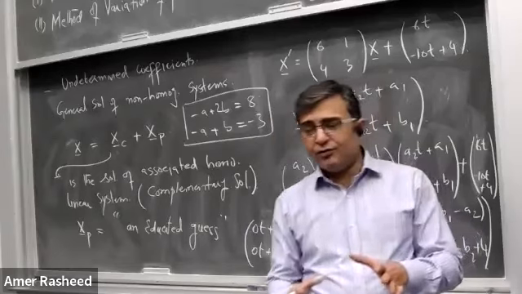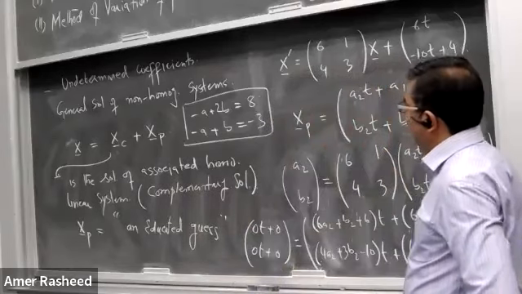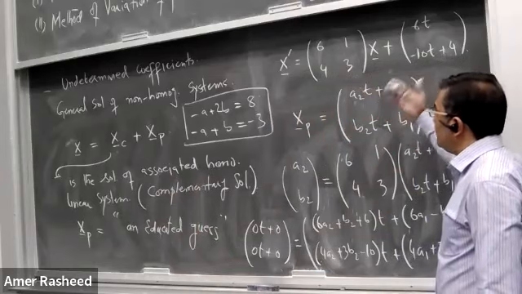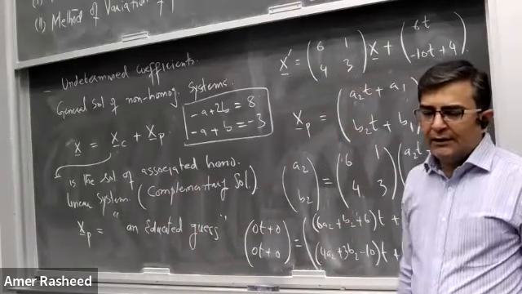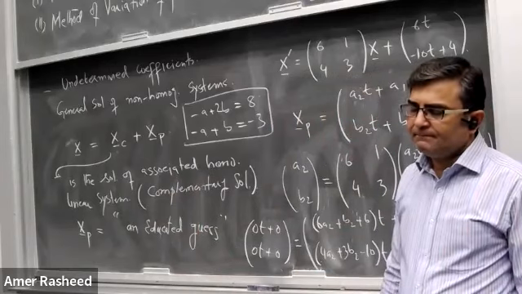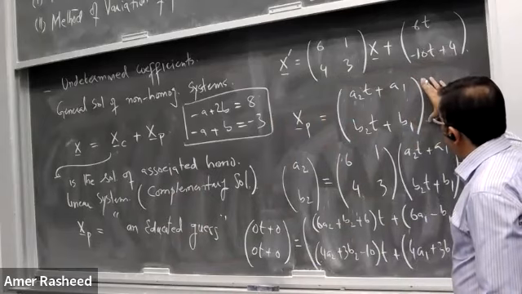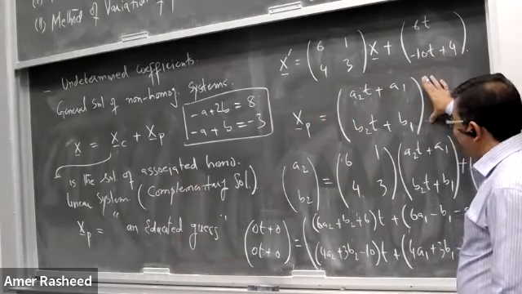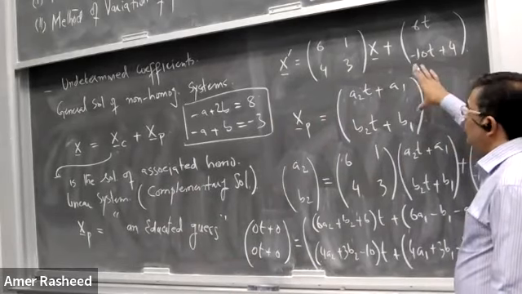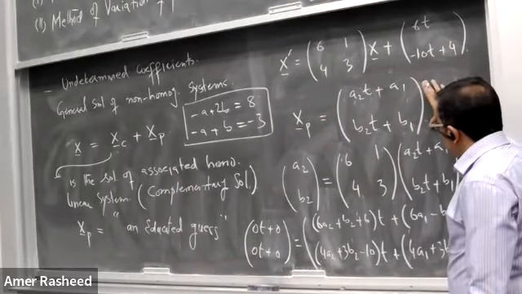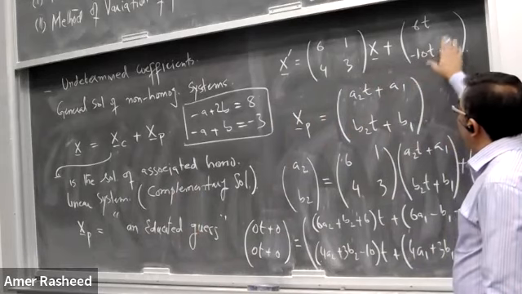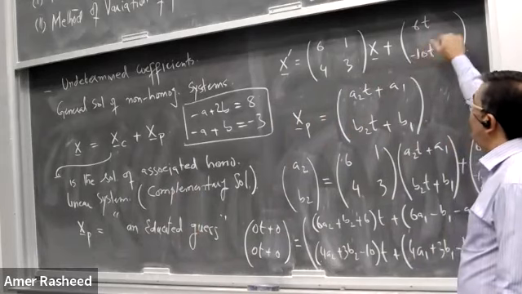After finding the complementary solution, we'll move towards the particular solution. We start the particular solution by assuming a guess solution, an educated guess motivated by the right-hand side or the form of this function.